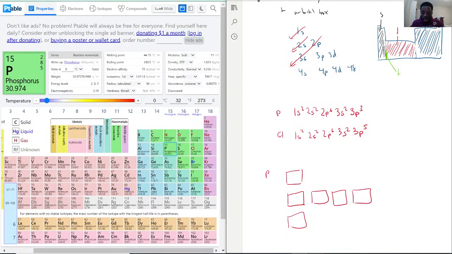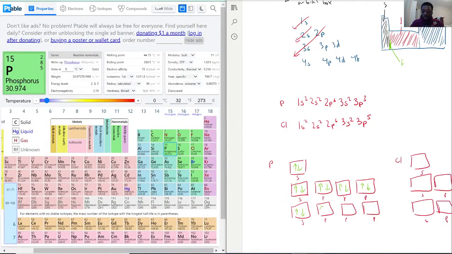And now that we've done it like that, as we fill in, as we said, it was 1s2, so we have like that, 2s2, and then 2p6, 2, 3, 4, 5, 6, and then 3s2, and then 3p3. So we have 1, 2, 3.